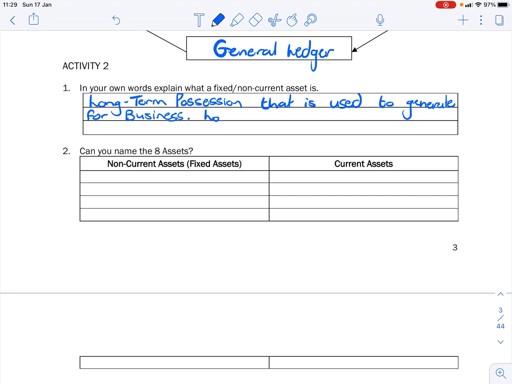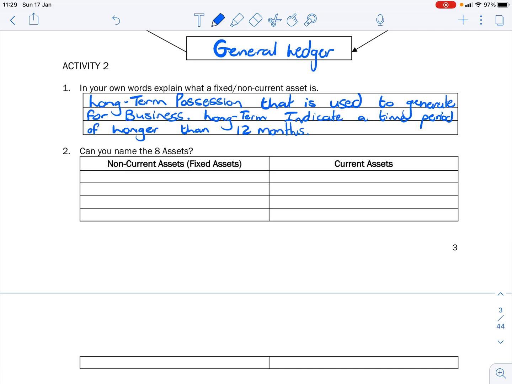Remember, long-term indicates a time period of longer than 12 months. So this would be any asset that we use to generate income for the business longer than a 12-month period.